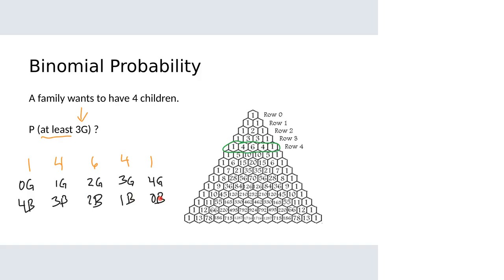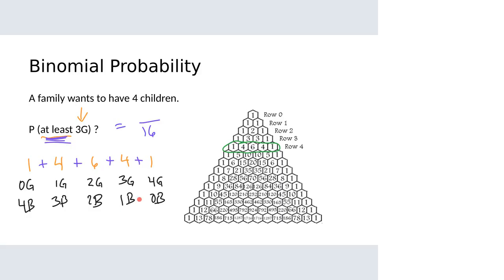And then we go answer our question. What's the probability of at least 3 girls? Well, since it's a probability question, I'm going to need my total number of outcomes. So let's get that. 1 plus 4 plus 6 plus 4 plus 1 is 16. So I have 16 outcomes. And I need to figure out how many are successes. Be careful here. At least 3 girls.